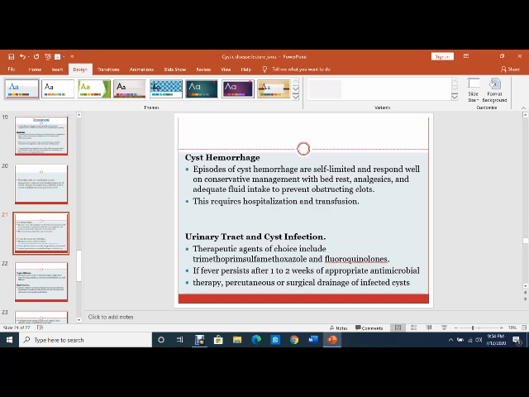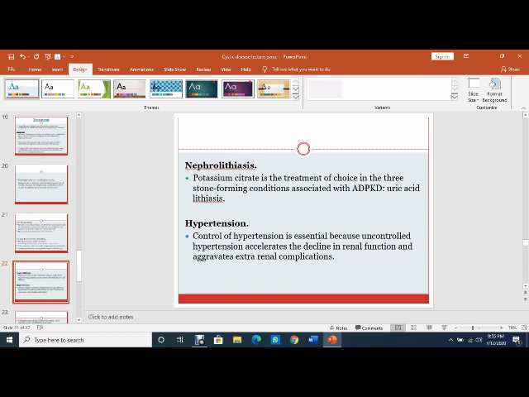If fever persists after 1 to 2 weeks of appropriate antimicrobial therapy, then we should drain the cyst because it may be infected, send the culture, and according to culture and sensitivity, choose the organism-specific antibiotic.